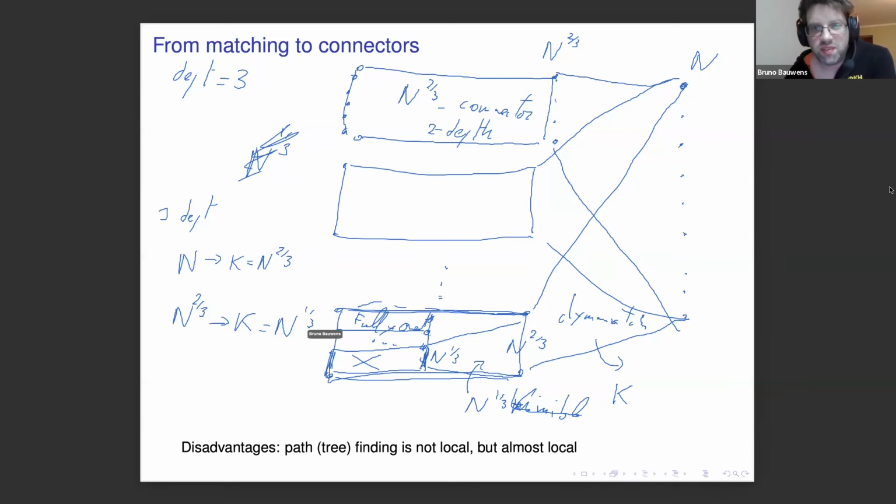And so if every node in this graph has degree d, and d is polynomial in log n or quasi-polynomial in log n, then the degree of every node here is d times n to the power 1/3. And so for every block that we create, we get d to the power n to the power 1/3.